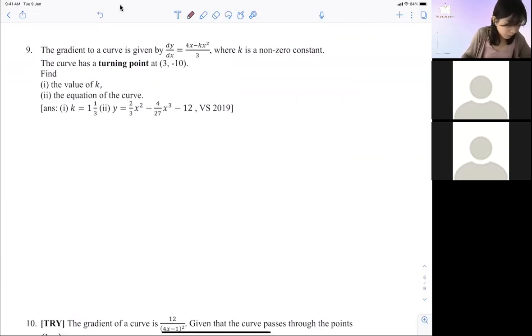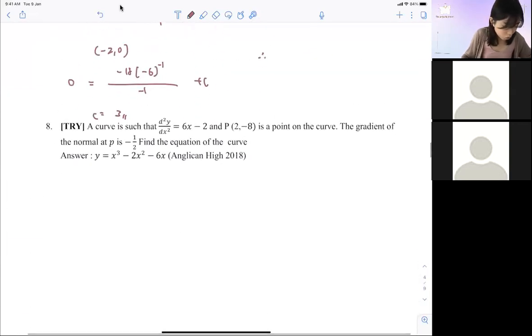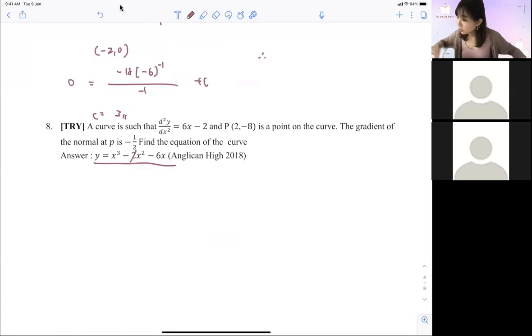The answer is wrong? Where? Actually, x cubed minus x squared minus 6x. Instead of minus 2x squared, it's actually negative x squared only. Wait, let me check. Oh yeah, negative x squared only. Correct.